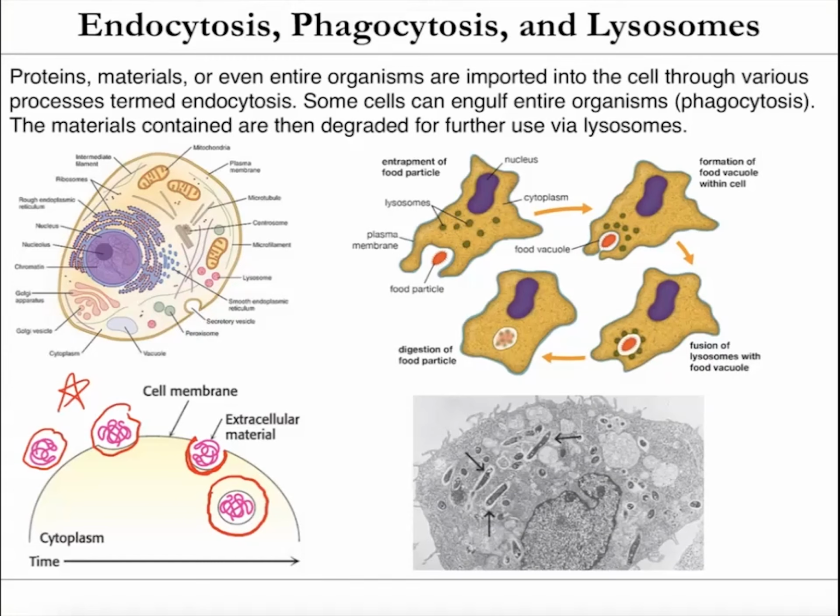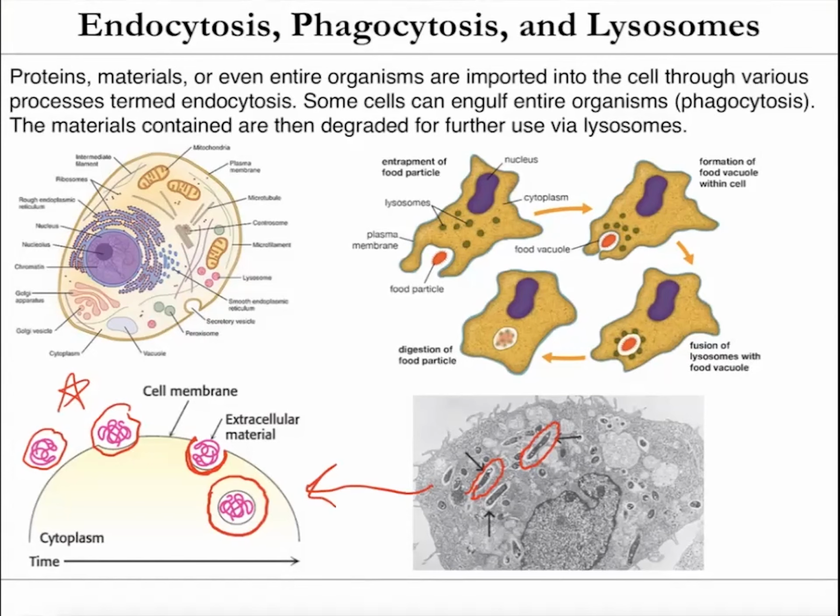So this is the type of process that they would operate through. There's also processes, some cells, especially immune cells called macrophages, are really good at this process called phagocytosis, where they can use this same process to bring in entire organisms like bacteria and then engulf them and break them down in the cell.